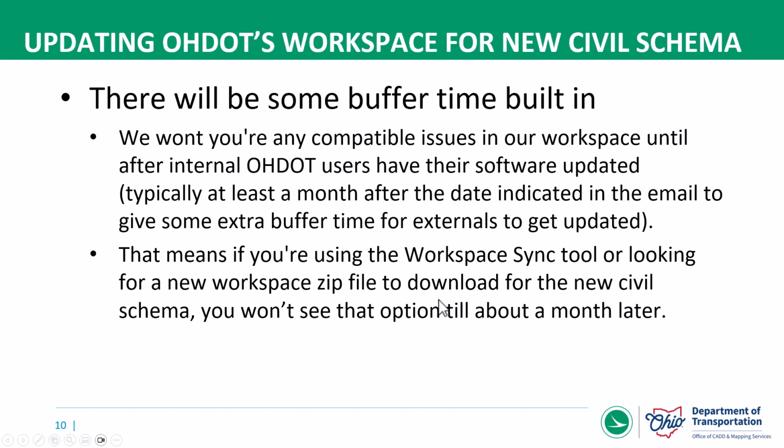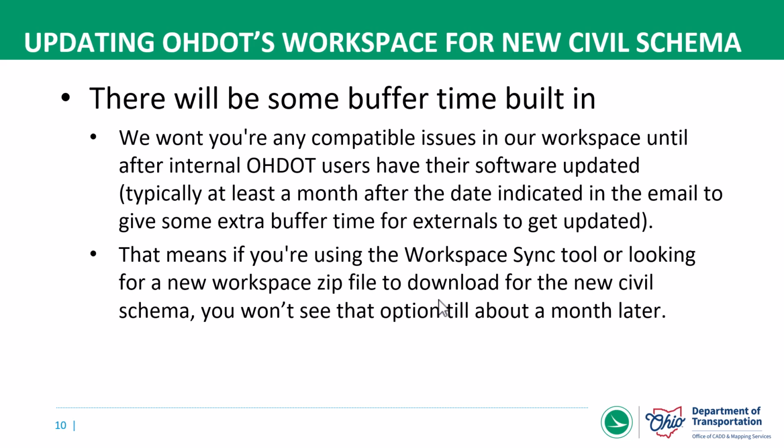I'll go over more on that in a second, but around that update time, I do want to mention there's going to be some buffer time, right? So we're saying we're updating on a certain date. We won't actually update our workspace for probably at least a month or longer after that. We're trying to not introduce the compatibility issue right away, right? So we're saying, hey, move to this version.